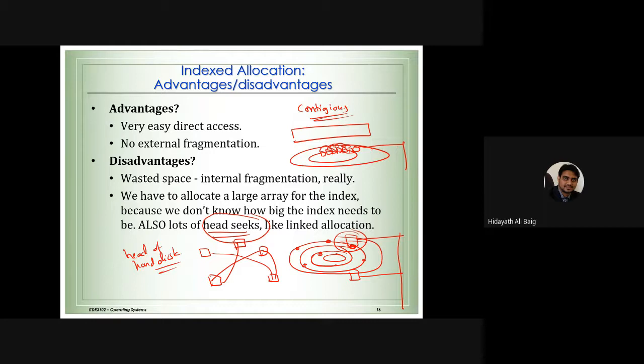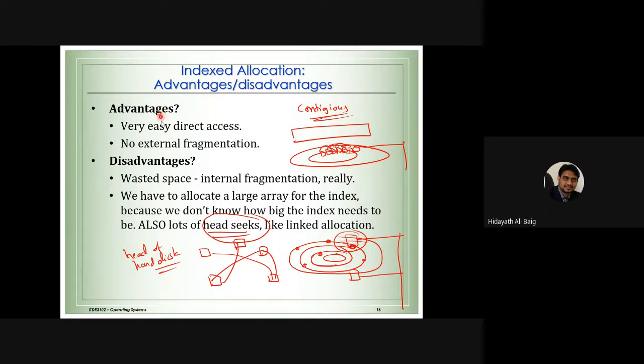That's the reason the first method has only a few head seeks, but all the other methods, linked allocation, file allocation table, indexed allocation, have a lot of head seeks. And please remember, our last lecture is about the scheduling algorithms for reading data from the hard disk. We'll talk about that later.